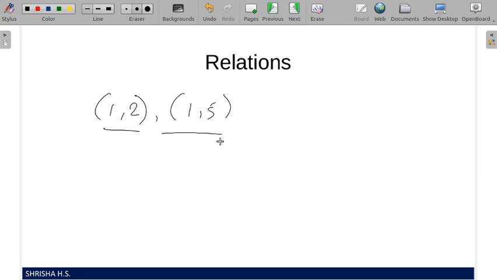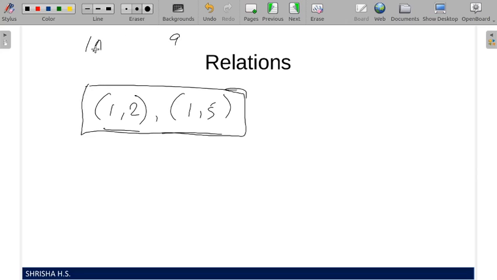It is declared that definitely these will be present, so there will be no choice between having 1 comma 2 or not having this pair. They will be there out of the 9 ordered pairs.